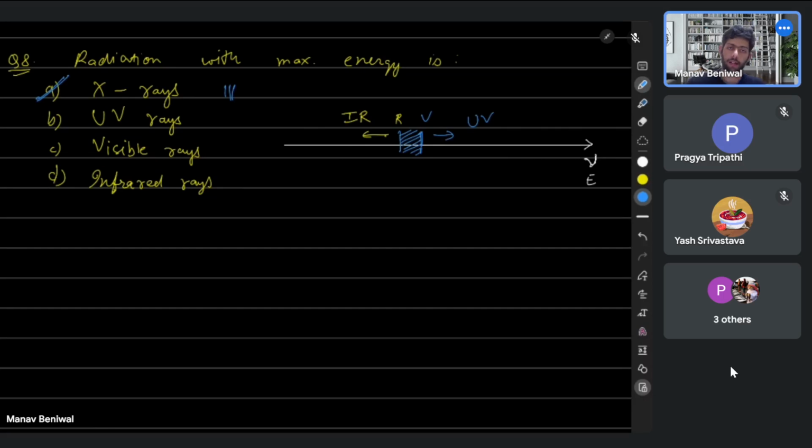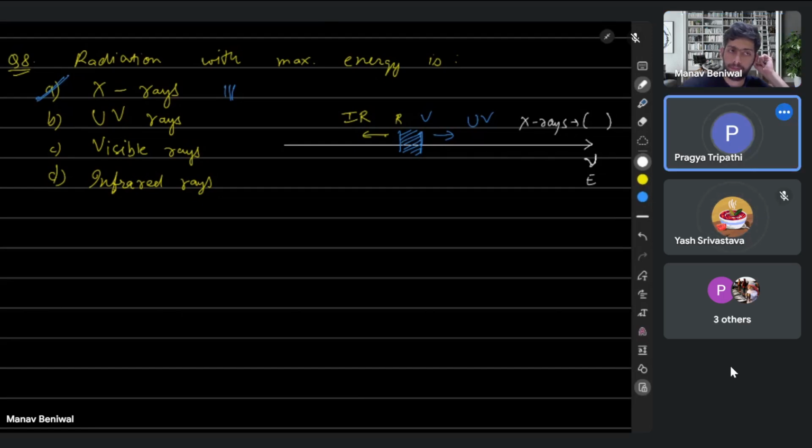So this is ultraviolet or UV, and then after UV you get X-rays here. Okay. So there is one more name which comes after X-rays, and it has even higher energies than X-rays. Does anyone know? Yes. Gamma rays. Yes, gamma rays.